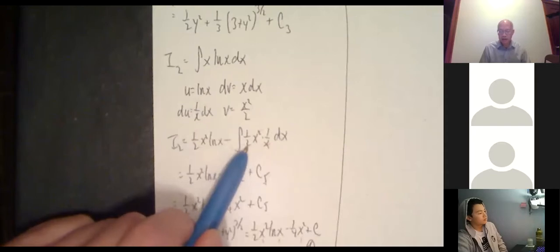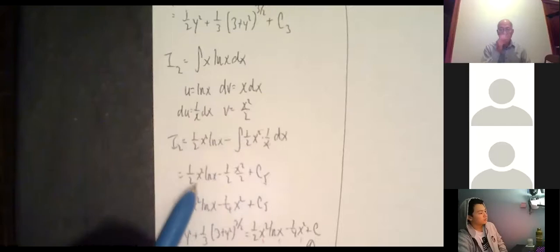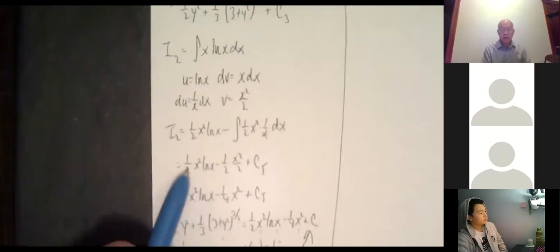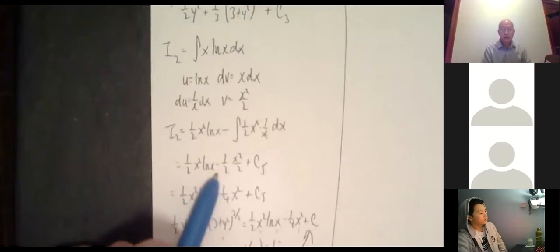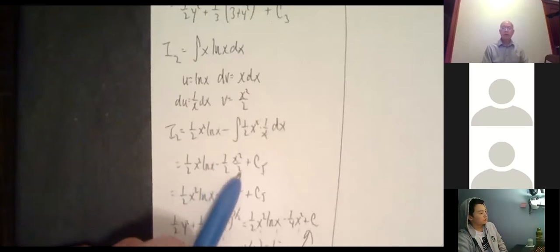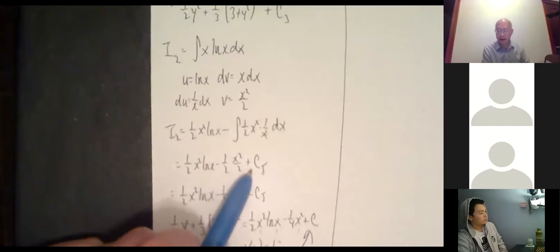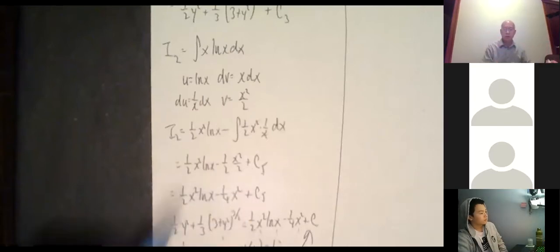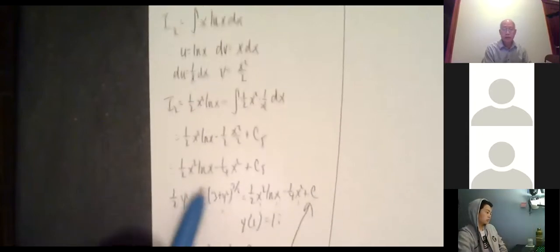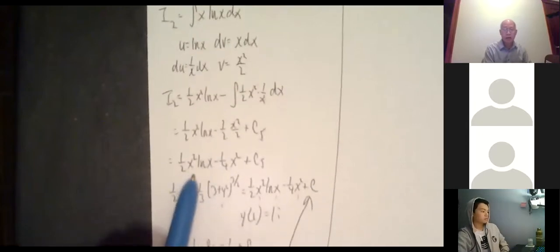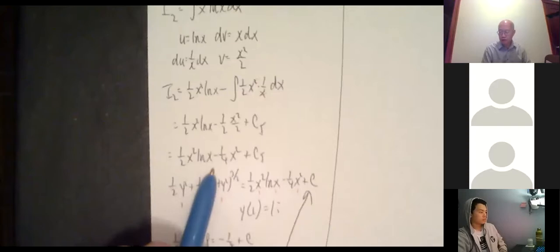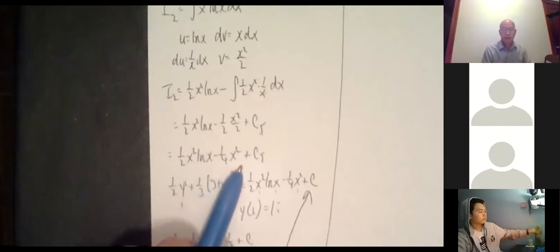Yeah, 1/2 x. So that's going to be 1/2 x squared ln x minus 1/2 x squared over 2 plus, okay, I got up to C4, so it's C5 now. It doesn't matter how many C's you have. When you're all done, you're just going to put it all back together. So that's 1/2 x squared ln x minus 1/4 x squared plus C5.